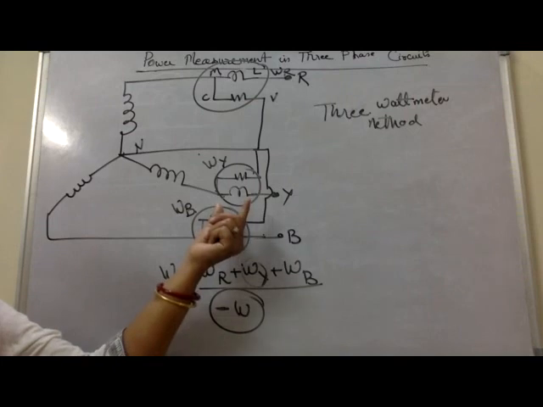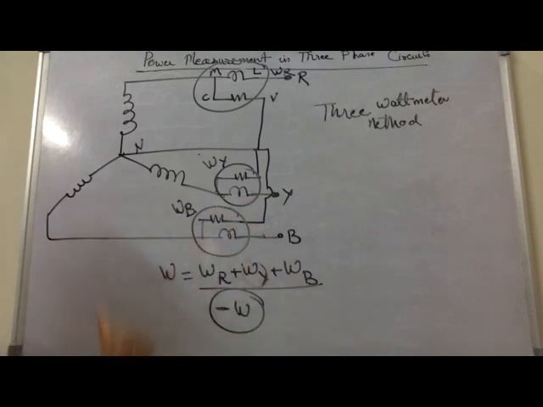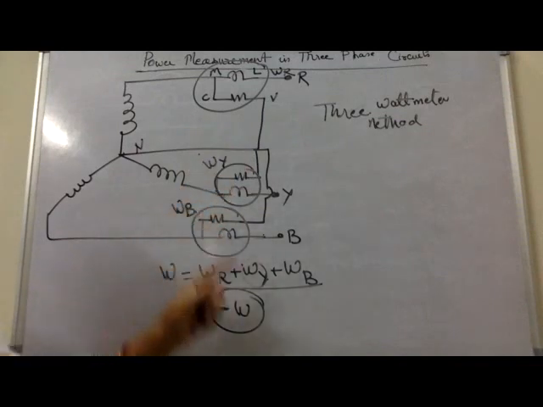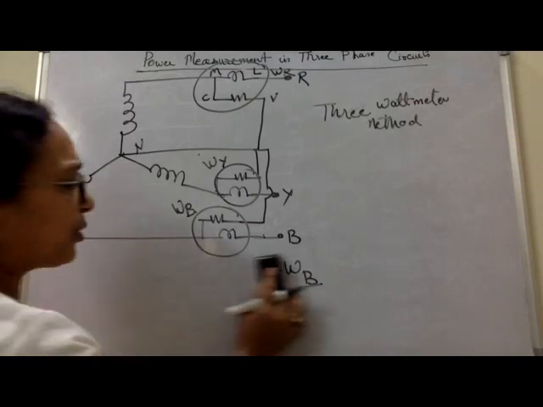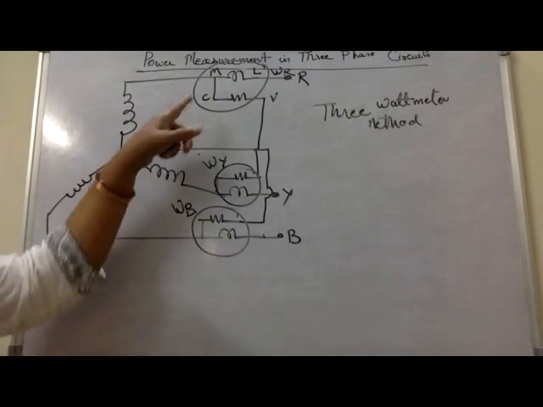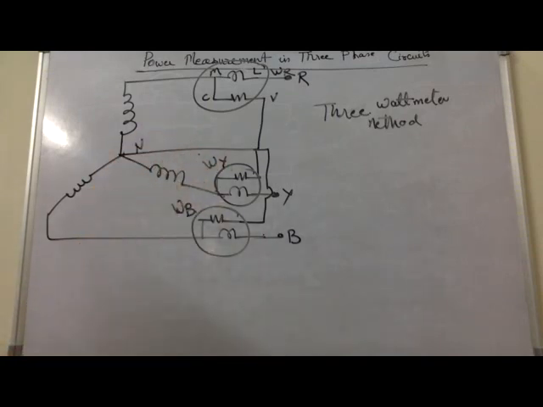Then it will read the negative power consumed in that phase, and you will read the magnitude and replace the positive sign by a negative sign. Then the wattmeter reading will be taken as negative. So this is your 3 wattmeter method.